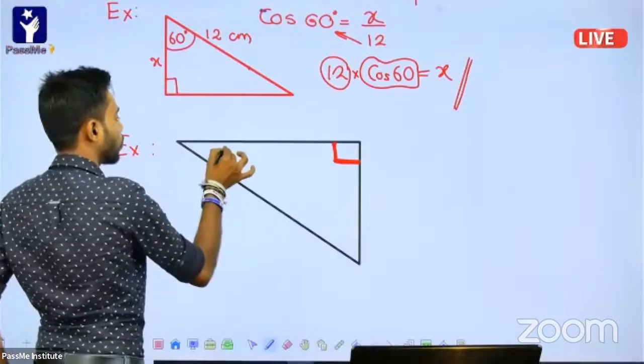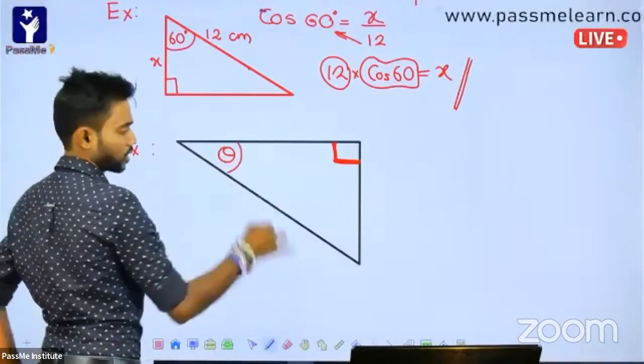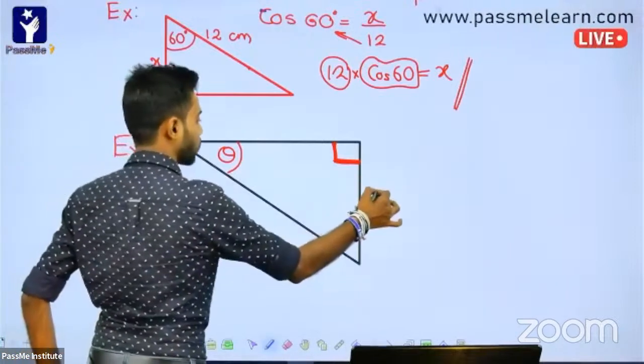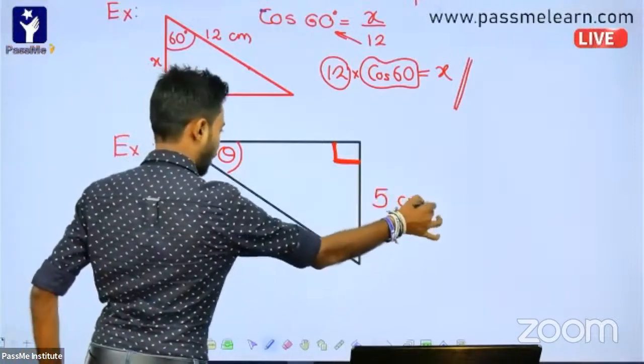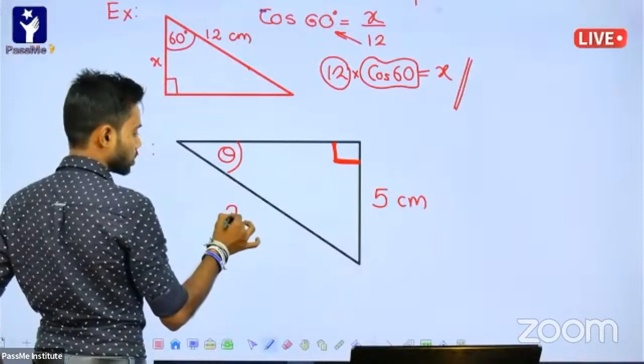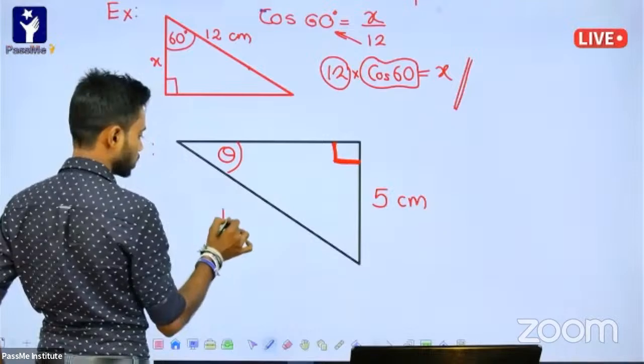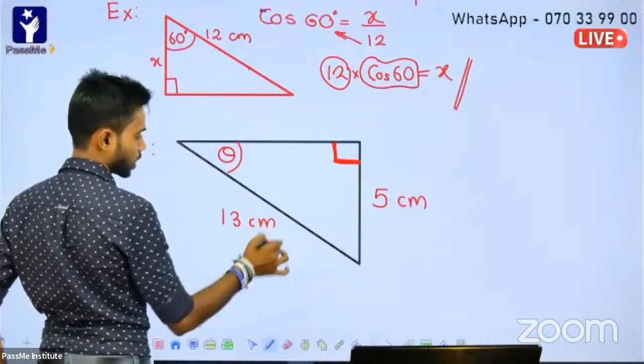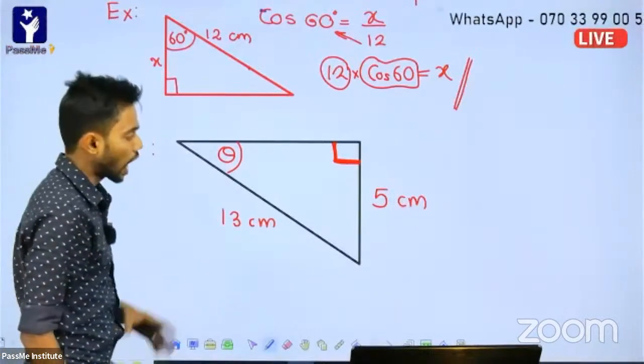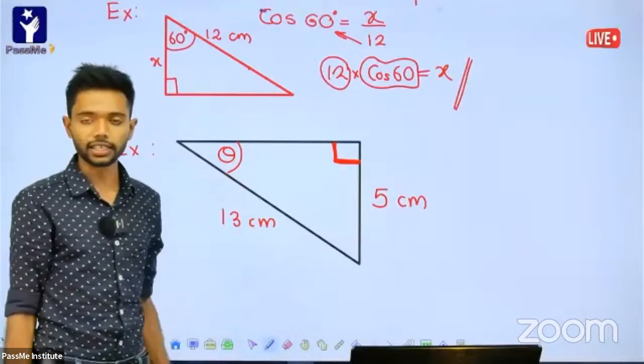I want to find this angle theta. Here, this is 5 centimeter, and this is 13 centimeter. Let's take, right? Now, I want to find the theta here.